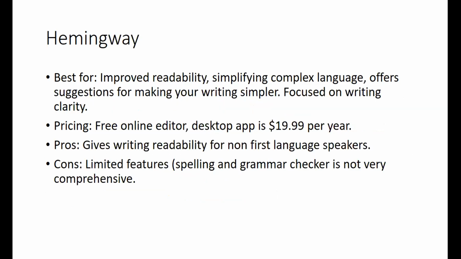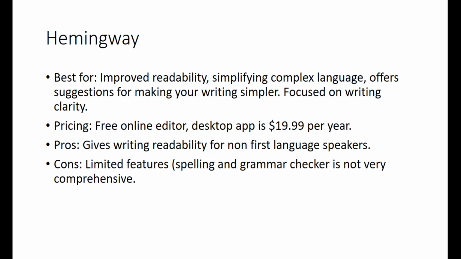Then next is called Hemingway, for obvious reasons. And this is slightly different, where it's not focused on grammar and spelling, but on writing clarity. So improved readability, simplifying of complex language, and basically just making whatever writing it may be clearer and simpler.